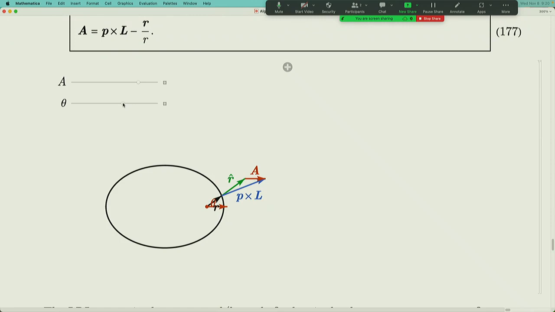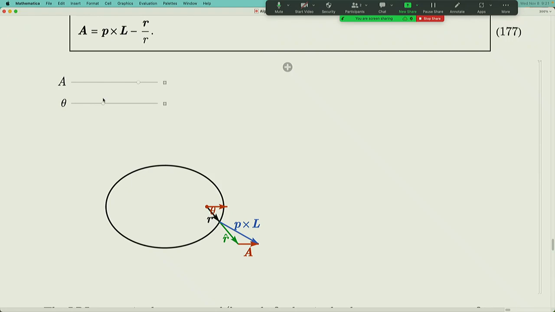I'm talking about a classical electron, or you can think of it as a planet. But if the planet is very far away from the sun, then this planet will move slowly and its momentum will be small. So you can see that the momentum sometimes is small and sometimes is large, and also it changes direction. So this blue vector is not a conserved vector.